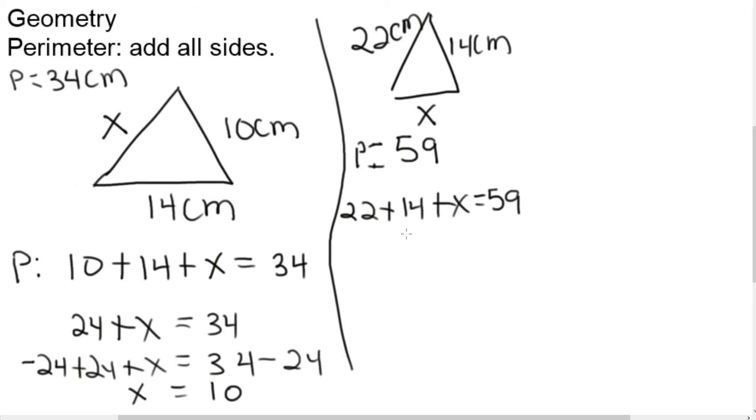If you said I'm going to follow the first step and combine like terms, 22 plus 14, 36, plus x equals 59. Subtraction property to get the opposites here.